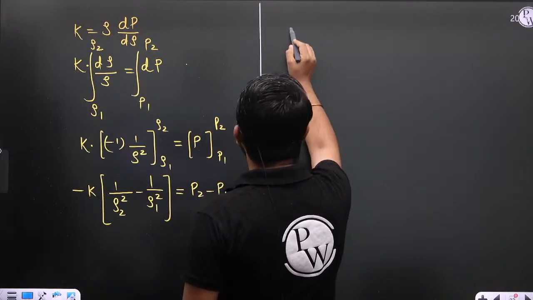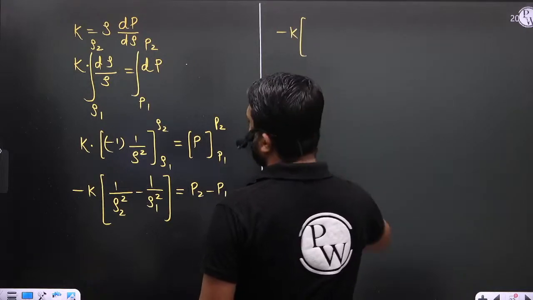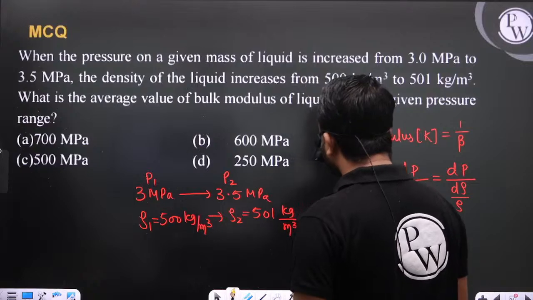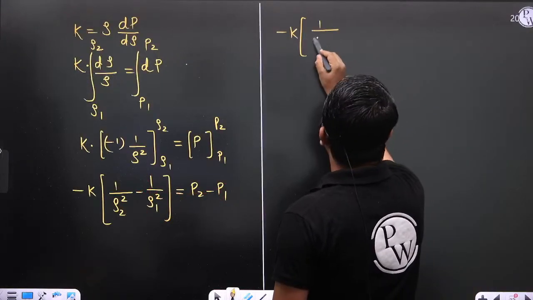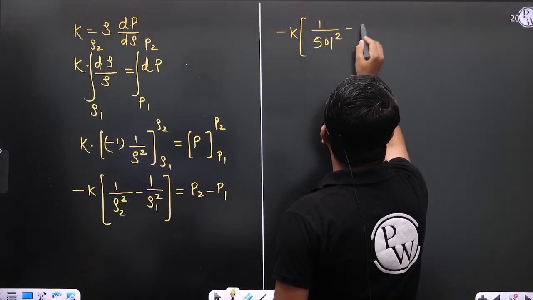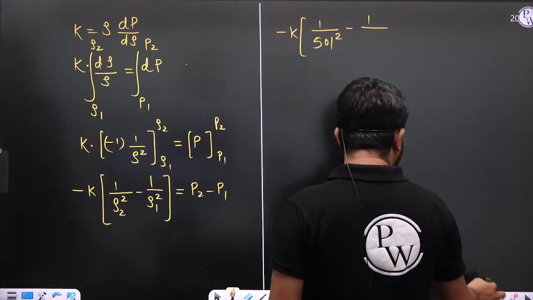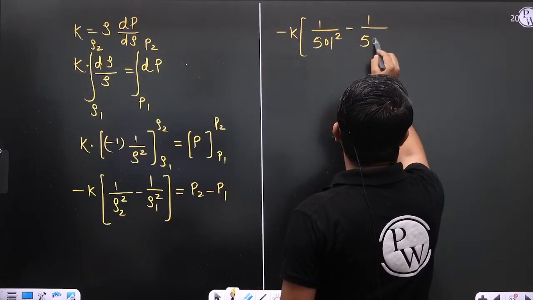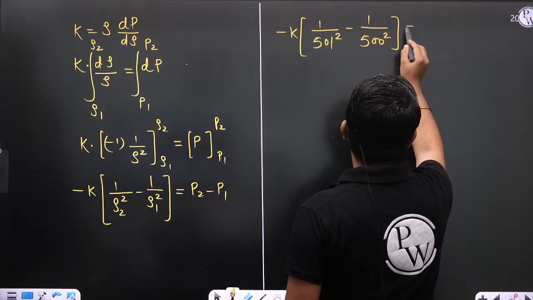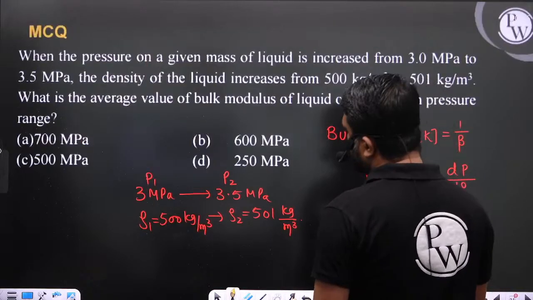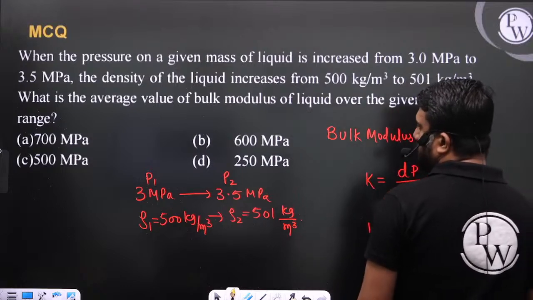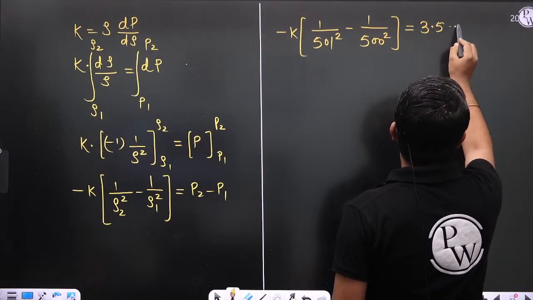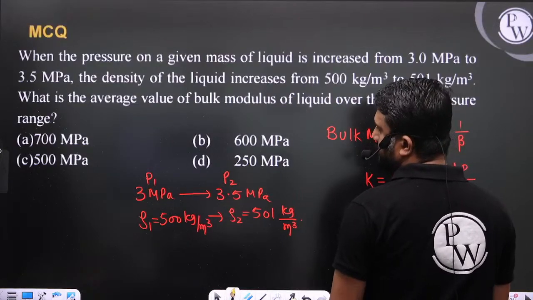So this is K, 1 by rho 2 square. And what is the rho 2? The rho 2 is 501 square, minus 1 upon, what is rho 1? The rho 1 is 500 square. And this is equal to P2, 3.5, minus 3.